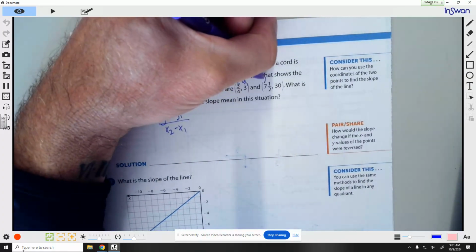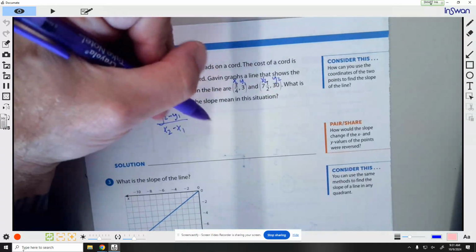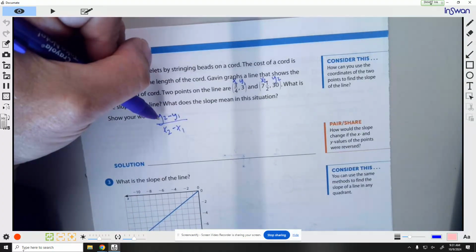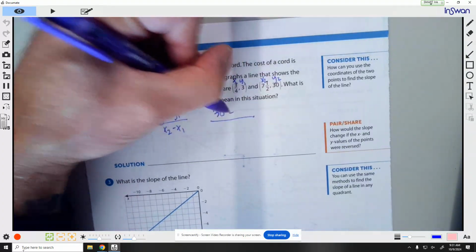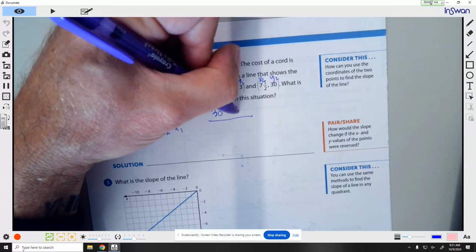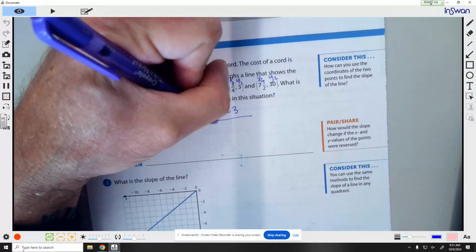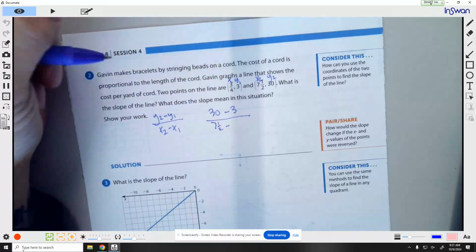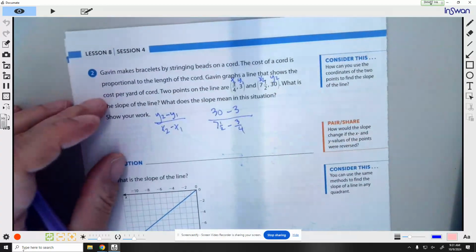This is the second x, and this is the second y. So then my work, if I set this up, second y, 30, subtract first y, 3. And then second x, 7.5, subtract first x, 3/4.